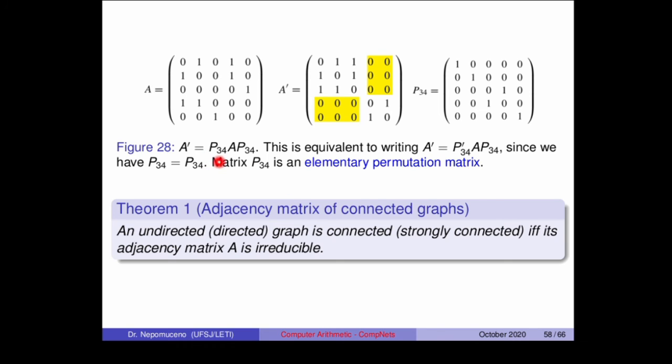So A is P34 A P34. This is equivalent to writing A equals P transpose 34 A P34, since we have P34 transpose equals P34. Matrix P34 is an elementary permutation matrix. So just as for matrices of connected graphs, a directed graph is connected, strongly connected, if and only if its adjacency matrix A is irreducible.